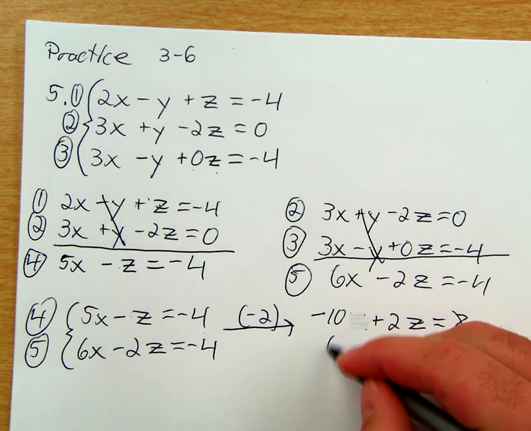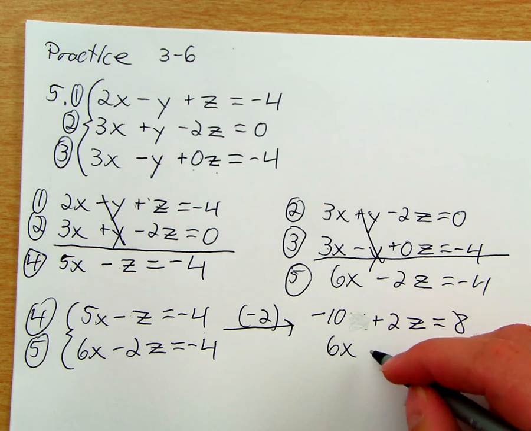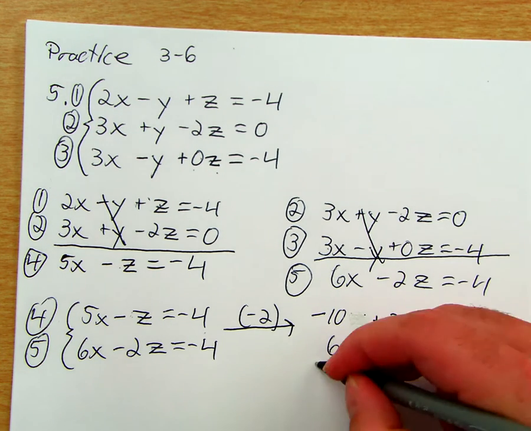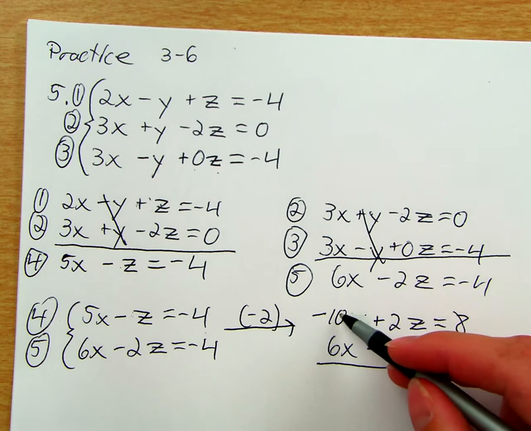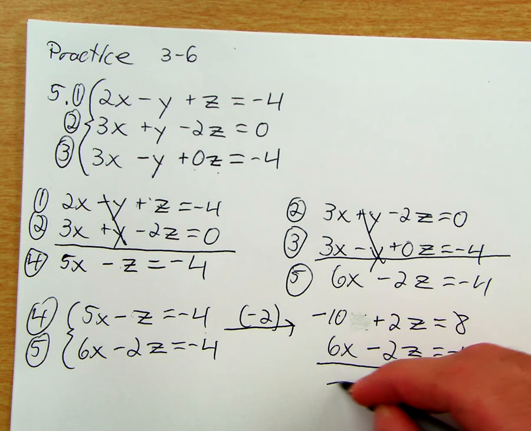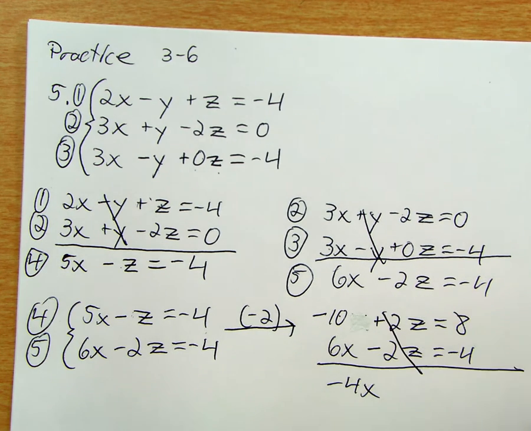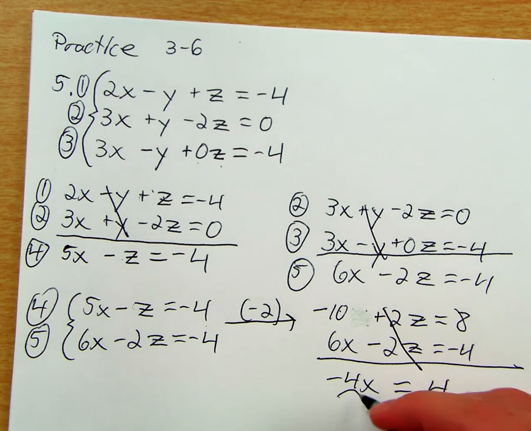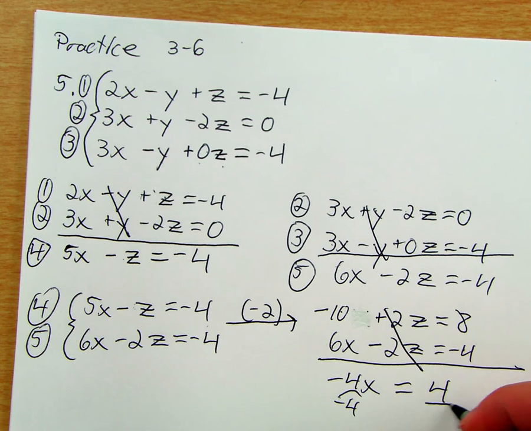And then the second one stayed the same, 6x minus 2z equals negative 4. We add those together, negative 10x plus 6x is negative 4x. The z's are gone, equals 8 minus 4 is 4. Divide both sides by negative 4. And we get x equals negative 1.